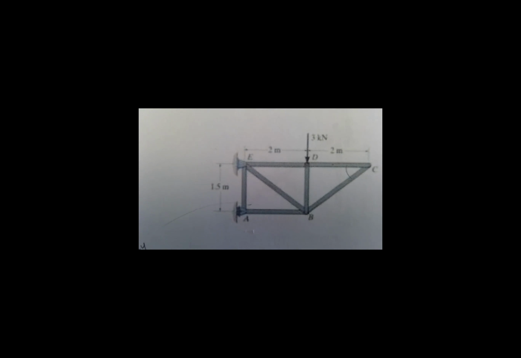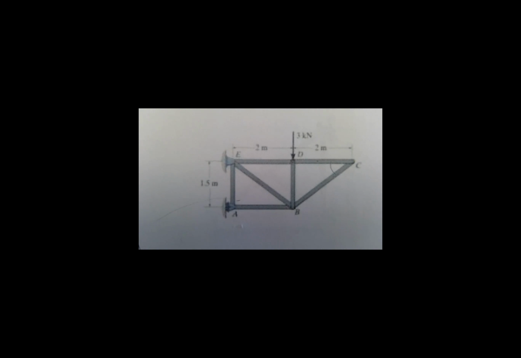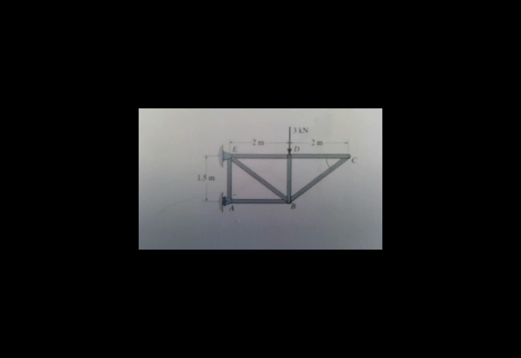Tom, we had a question. Yeah, go ahead. Can we assume that this will always be a zero force member because it's between a roller and a pin? No. If there was a load hanging down at A... Well, yeah, if you don't have a load hanging, or any force in that axis, you can say it's a zero force member, right?